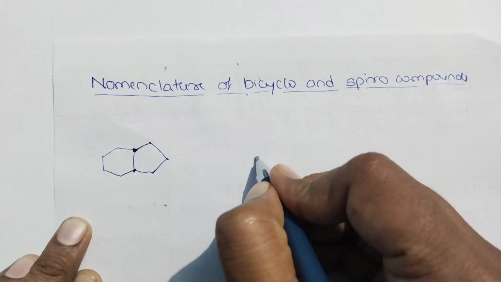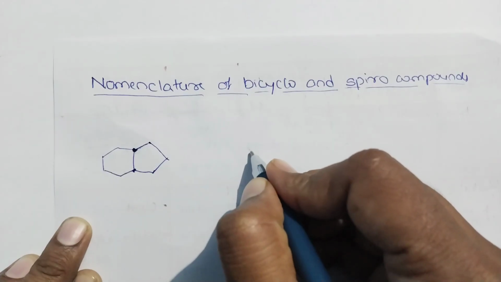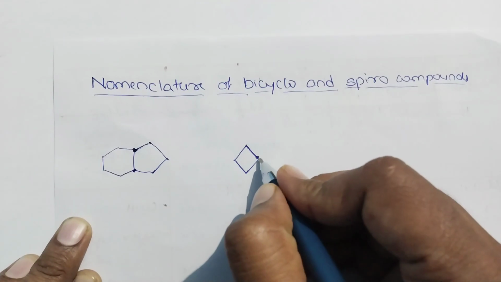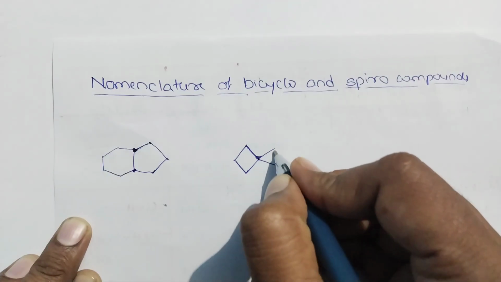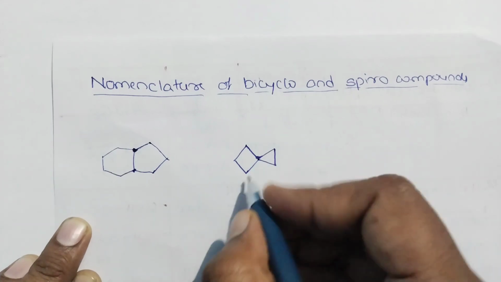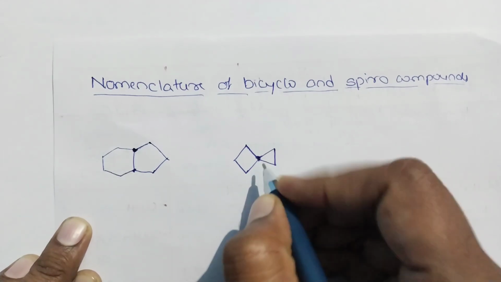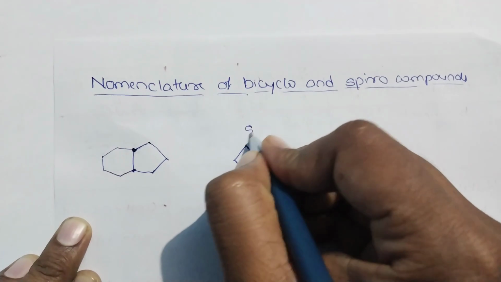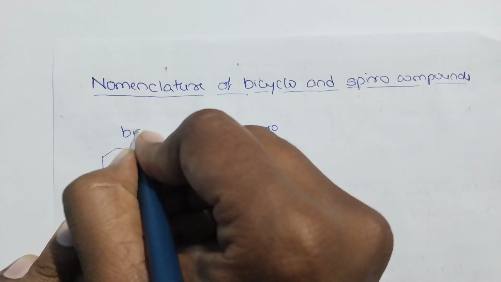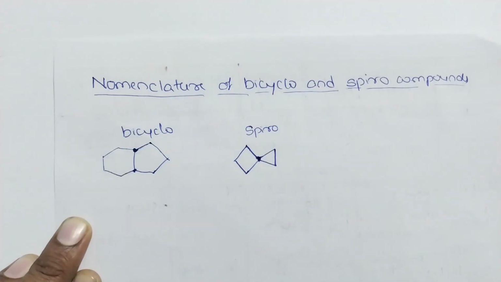If two cyclo groups, this is one cyclo, this is another cyclo, are attached through a single carbon atom, these are called Spiro compounds, and this is called a bicyclo compound.